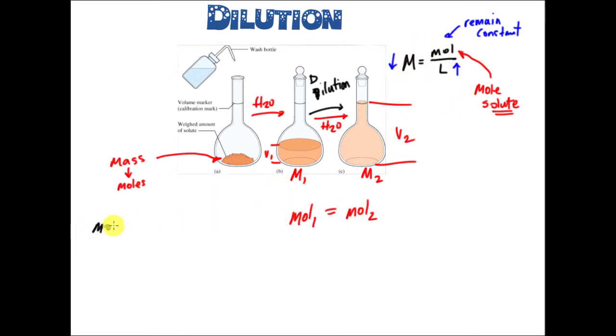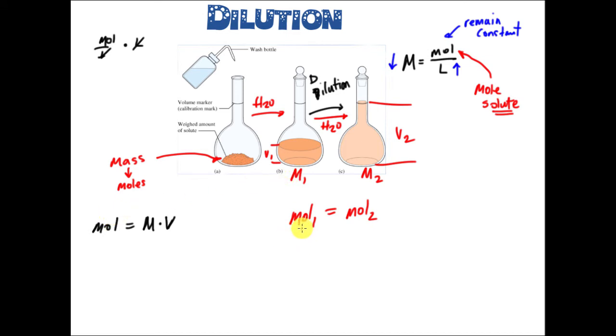Now, if you remember back when we first started talking about molarity, I can rewrite this equation and solve for moles. Moles would be equal to the molarity times the volume, right? Because if I multiply molarity, which is moles per liter, by the liters, the volume, the liters cancel out, giving me my units of moles. So if I multiply volumes by molarities, I get the moles.